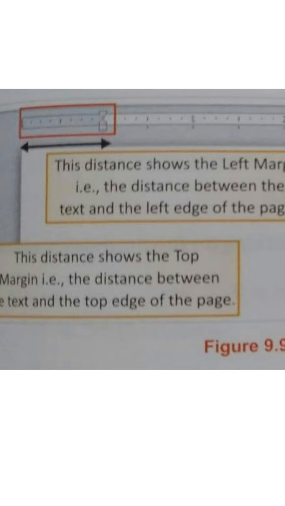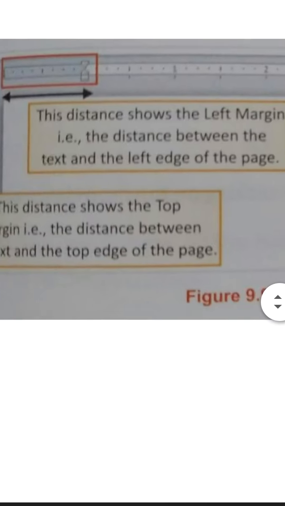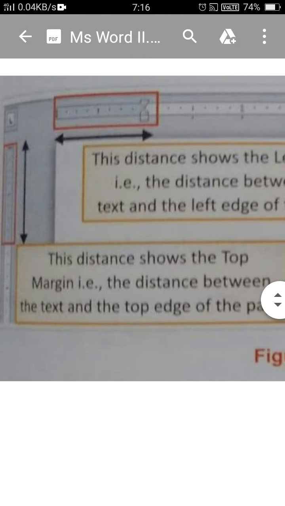Next one concept is margin. What is the margin? The space you want to give between the edge of the document and your text, means the space you want to leave, that is the margin.